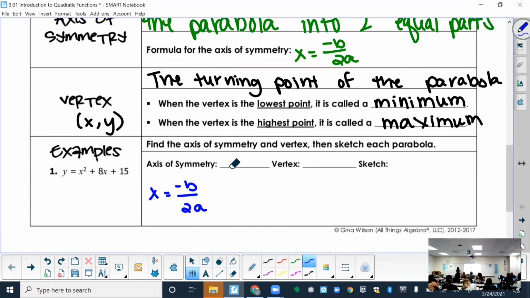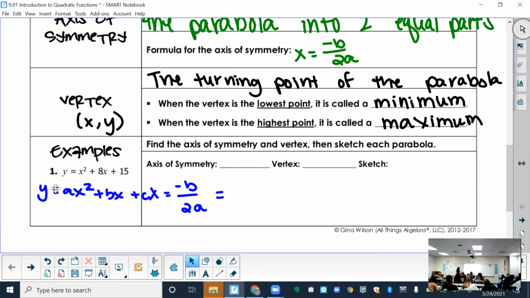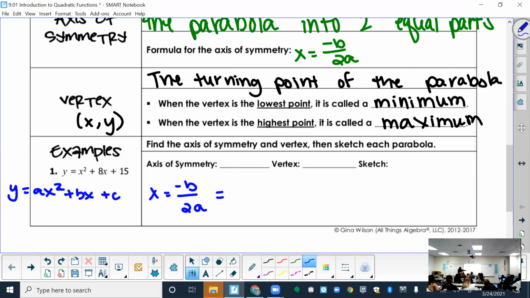All right, now we're going to plug our a and our b value into this formula. So think back to standard form. It's ax squared plus bx plus c. What's my a value in this first quadratic?